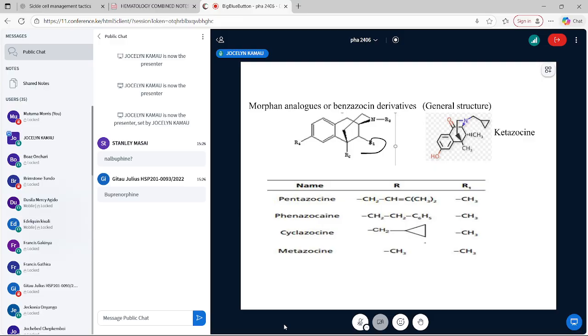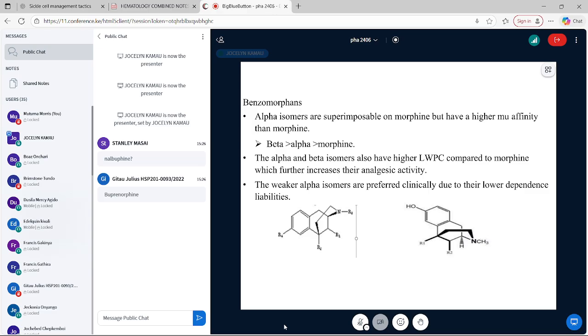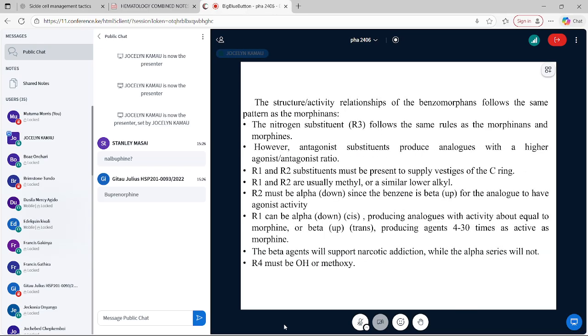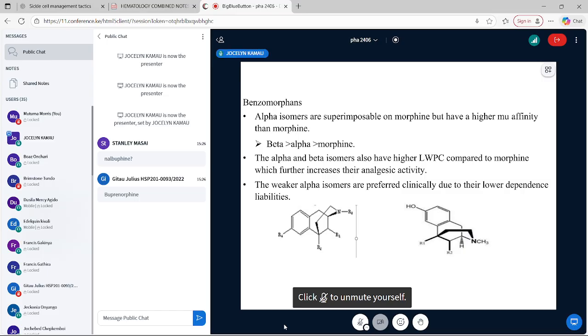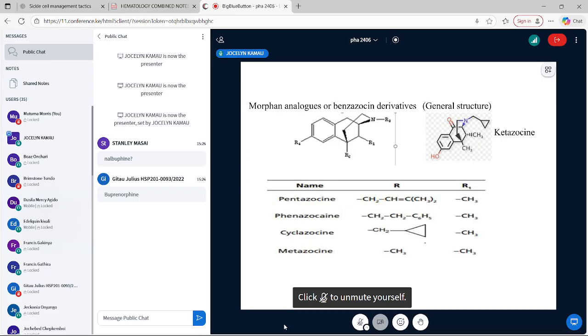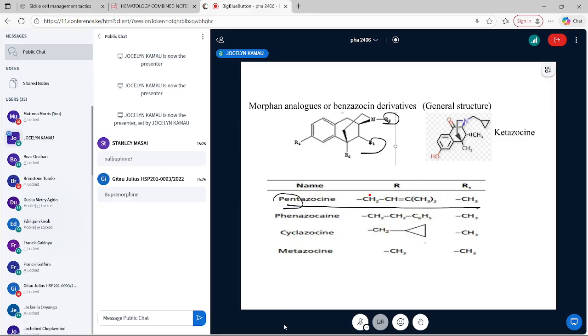And now we give the examples. The examples: pentazocine. And if you look at this, it is pentazocine, and you can see from the name, penta means there's somewhere we have a 5-membered group, and indeed the R group there is a huge group, 1, 2, 3, 4, 5, but there is branching.